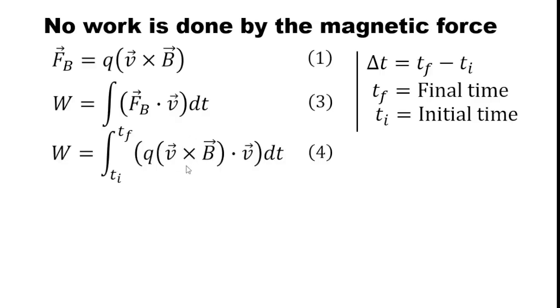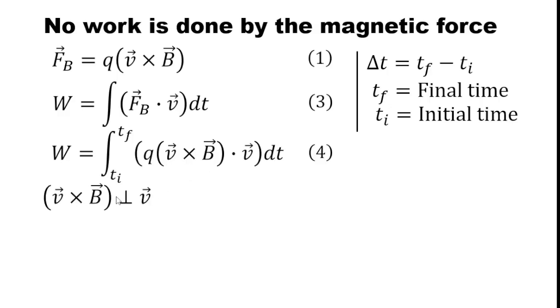Now look at the integrand of this integral. This is (v cross B) dot v, and as we know from the geometric definition of cross product of any two vectors, the resultant vector of their cross product is always perpendicular to the individual vectors.